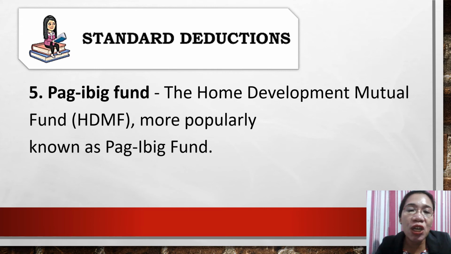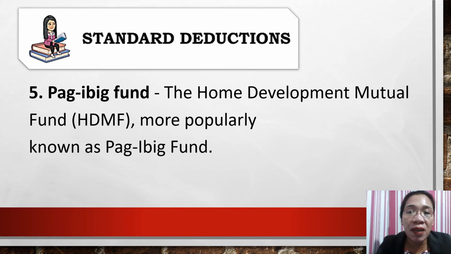Okay, the fifth standard deduction is Pag-IBIG Fund. Yung mga umiibig dyan, hindi yan yung pag-ibig na pinagpokusan yung iba. Yung Pag-IBIG Fund is the Home Development Mutual Fund or HDMF, more popularly known as Pag-IBIG Fund.